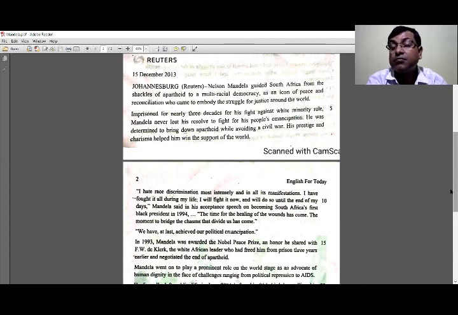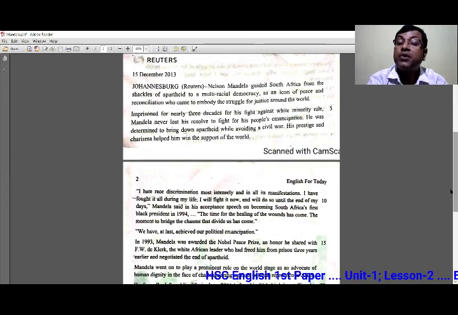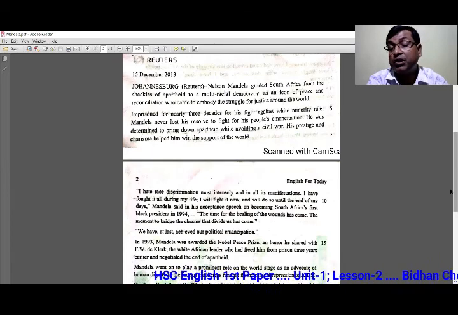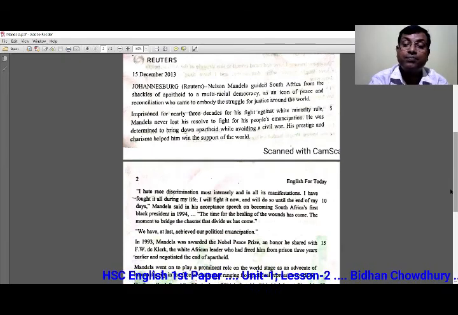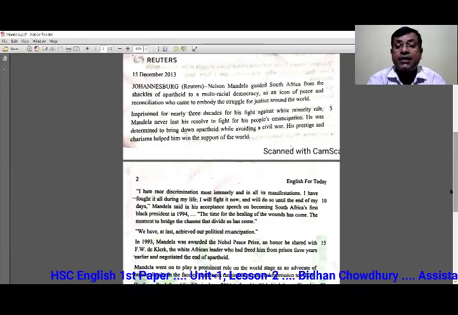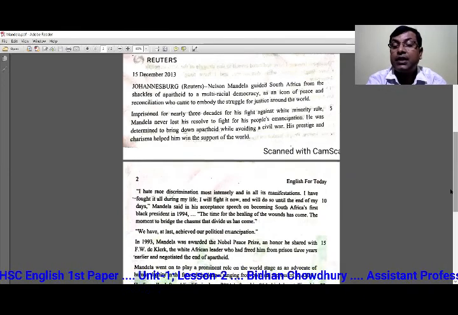So, once the black people and the white people were divided, they were on very bad terms. But it is the time when we should bring about a kind of reconciliation between the black people and the white people. "We have at last achieved our political emancipation."